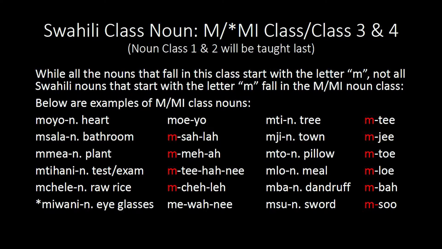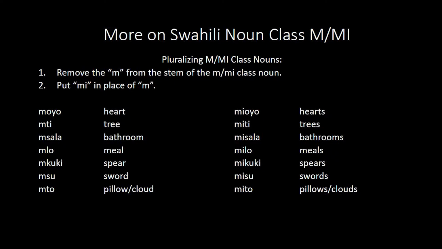let's look at taking these singular nouns here and pluralizing them. Let's see what some of these me class nouns look like once they're pluralized. Okay, let's start with the rules.